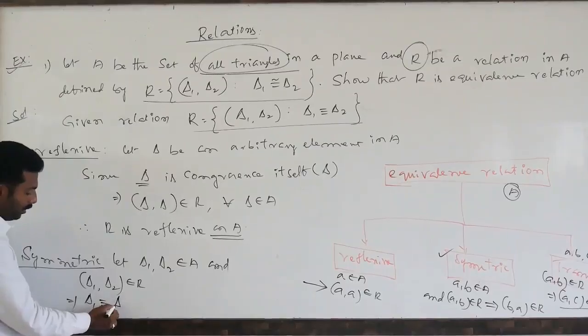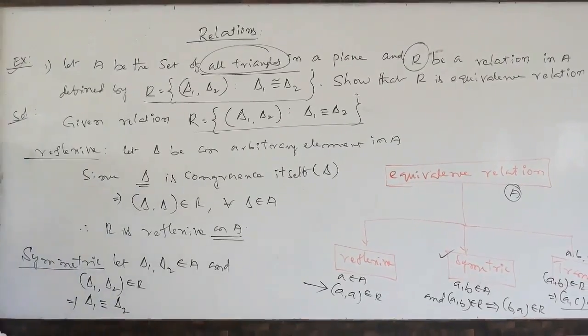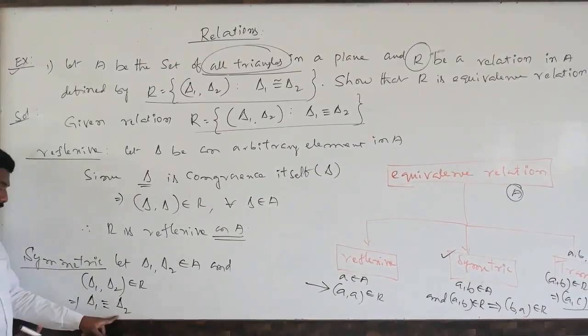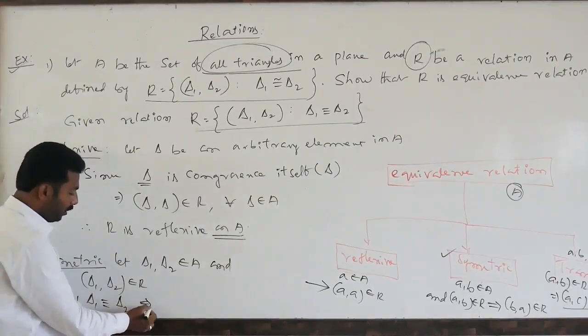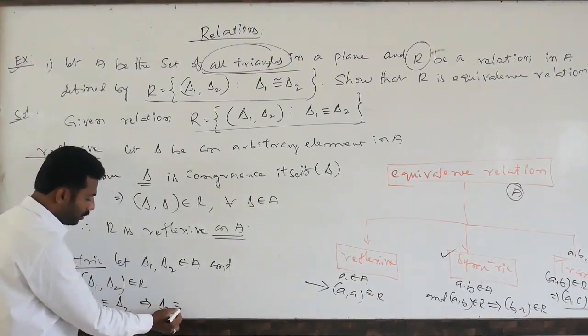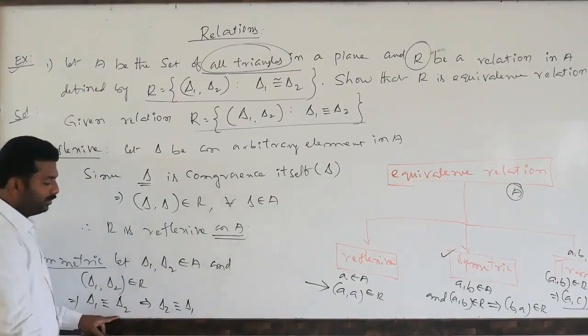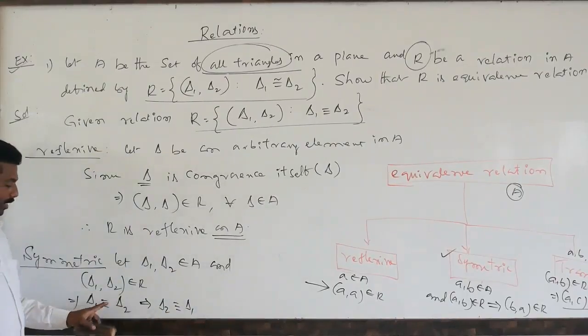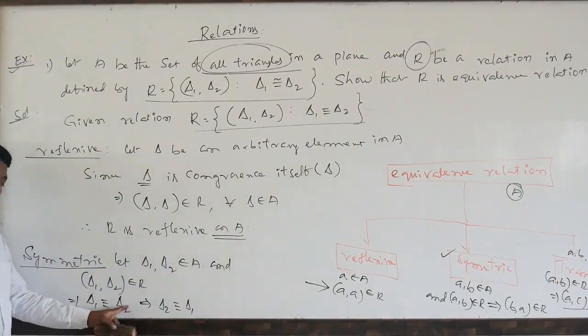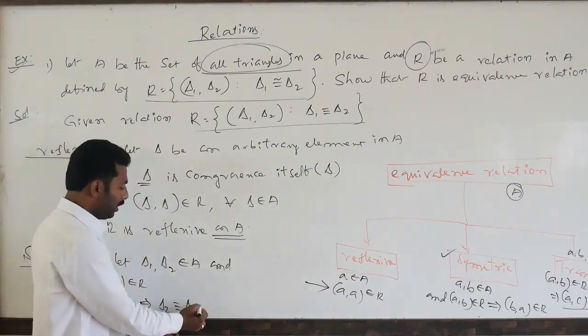Delta 1 is congruent to delta 2, so can we say delta 2 is also congruent to delta 1? Yes. Delta 1 is congruent to delta 2 means delta 2 is also congruent to delta 1.